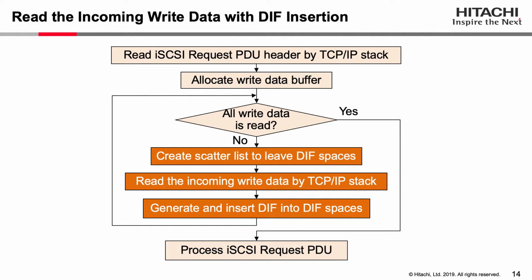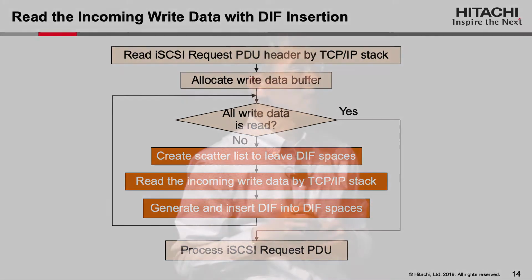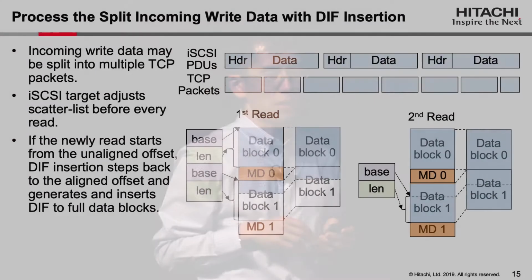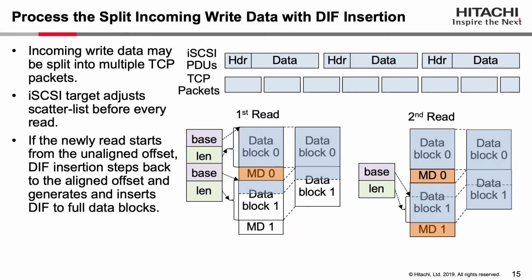This may not be final because we may change this implementation, but I will explain the first implementation here using a simple animation. We set up the SGL to read data blocks 0 and 1 first, but the actual read can get block 0 and only half of block 1. In this case, we generate DIF only for block 0.